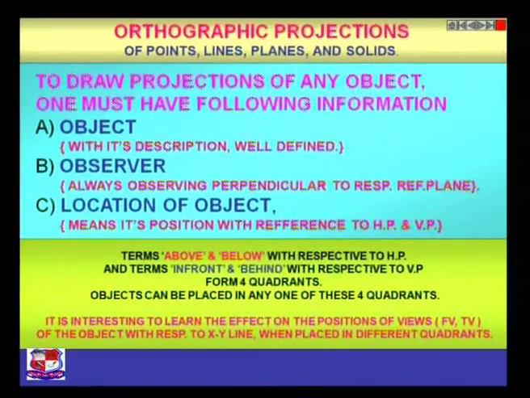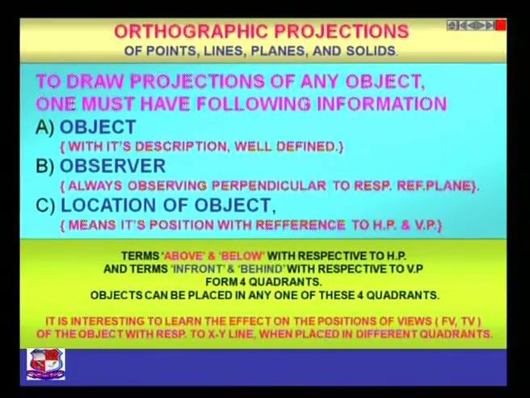Now when we talk about above and below, if we are talking about any sort of horizontal plane, what will happen? Either the object would be above the horizontal plane or it would be below the horizontal plane. That must be very clear.